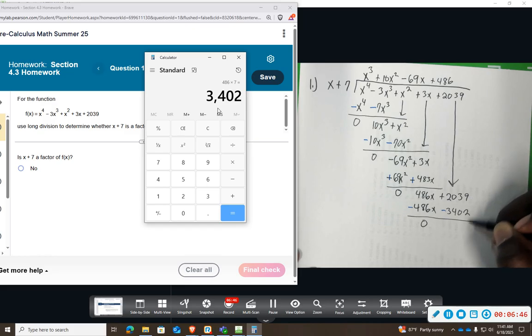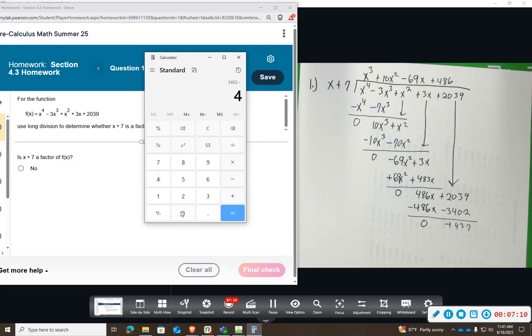I think I want to do this backwards. Let's just double check that. We'll just say subtract 2039. That'll just give me the positive of it.